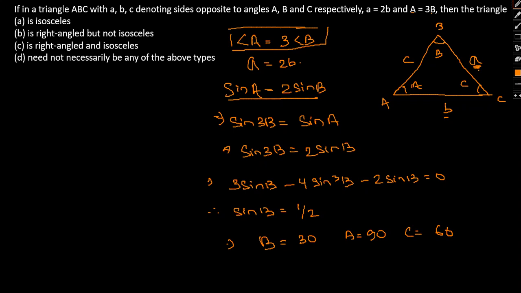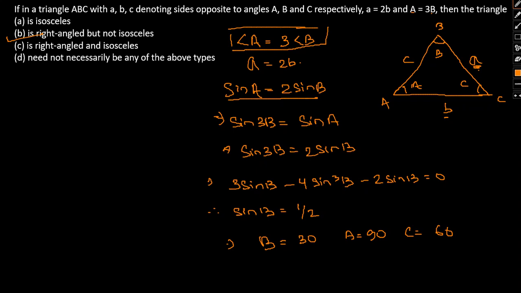Okay, so I hope this is clear. If you check the options, it's a right angle triangle. Right angle isosceles, no, isosceles has two equal angles, so the correct option is option B, right angle but not isosceles. So I hope this is clear, how we came about the solution.